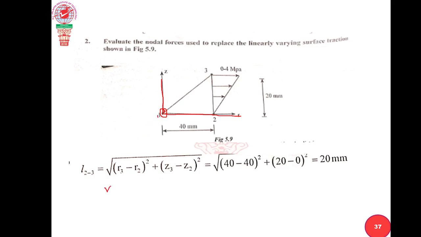Therefore R1 becomes 0, and Z1 is also 0. Correct?